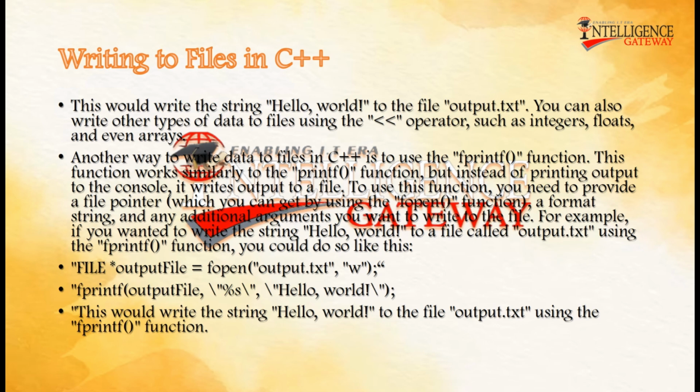For example, you could do so like this: FILE *outputFile = fopen("output.txt", "w"); fprintf(outputFile, "%s", "hello world"). This would write the string hello world to the file output.txt using the fprintf function.